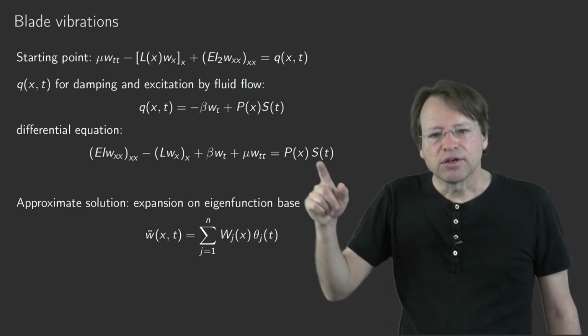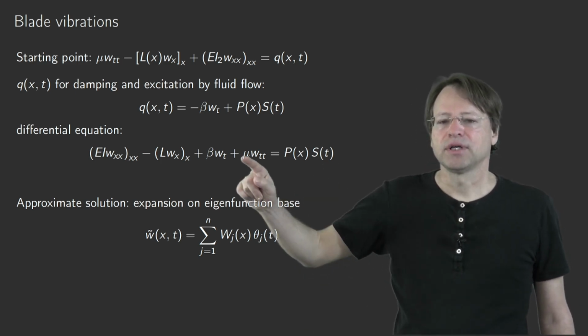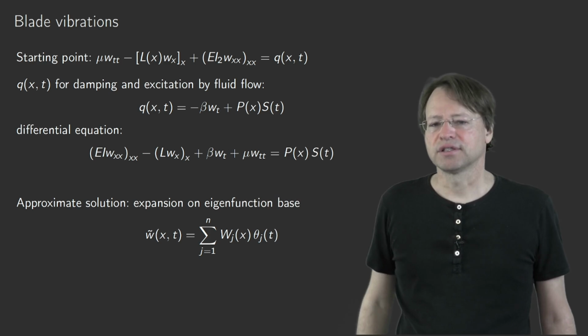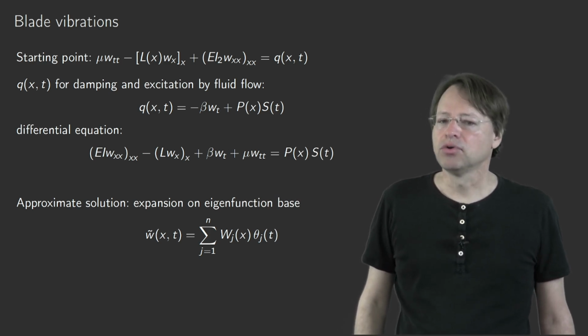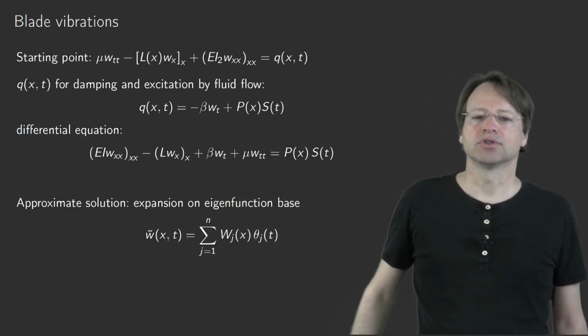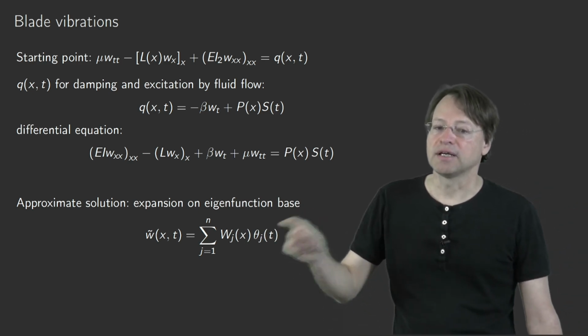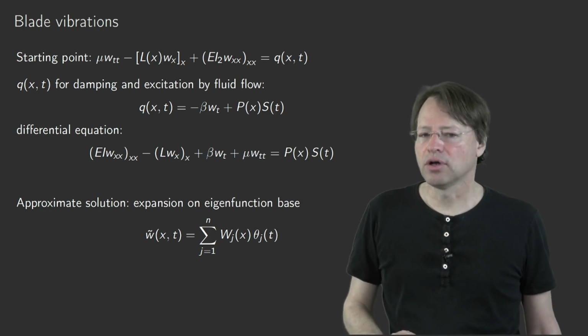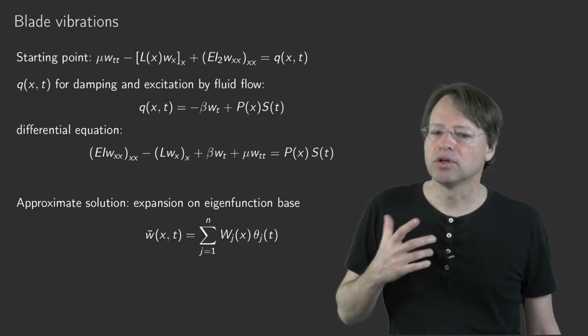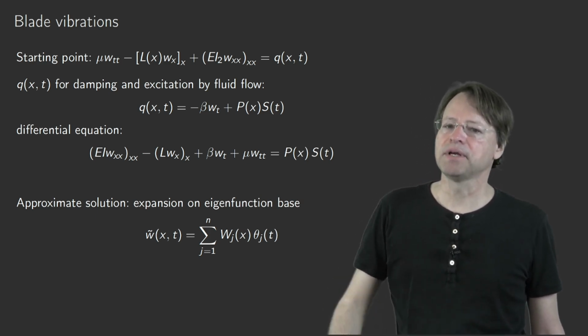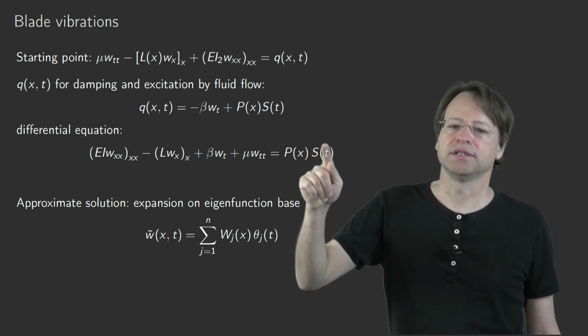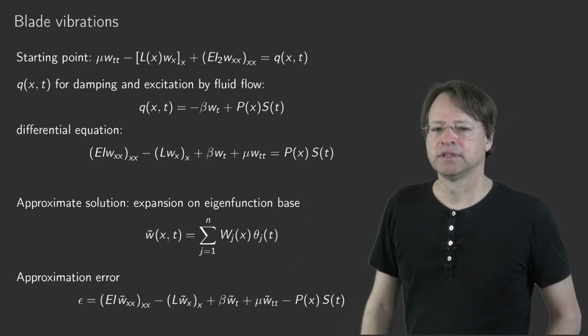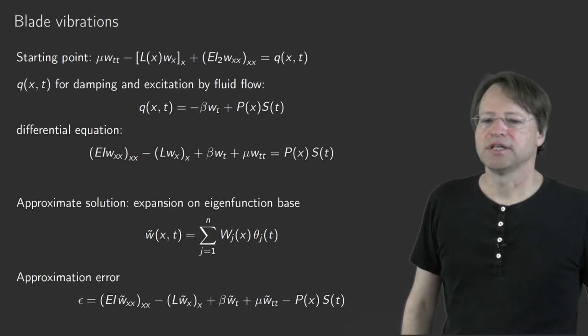So if we take the difference between what we have on the left-hand side and on the right-hand side, the difference will be 0 if we found the exact solution. However, if we have only an approximate solution, the difference between the left-hand side and the right-hand side will not be 0, but will be an error field, depending on space and time. And that's the approximation error.